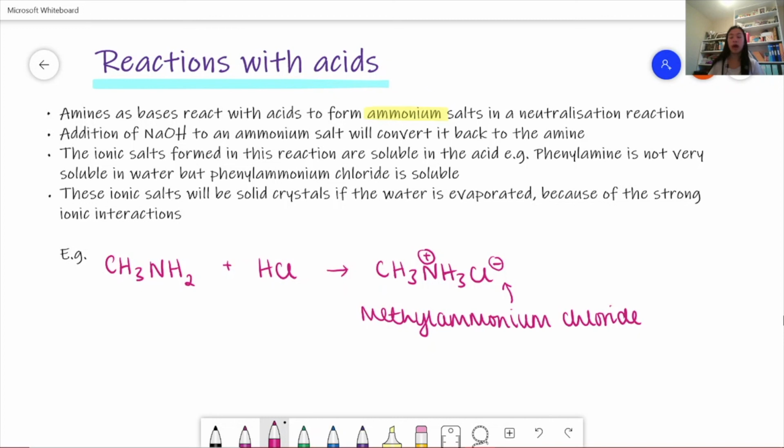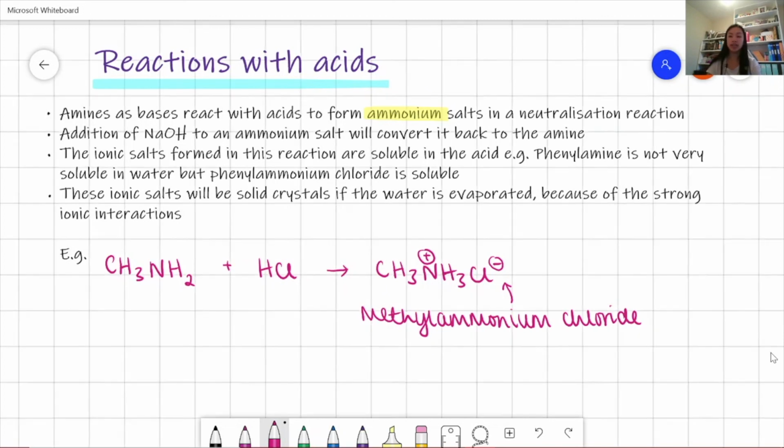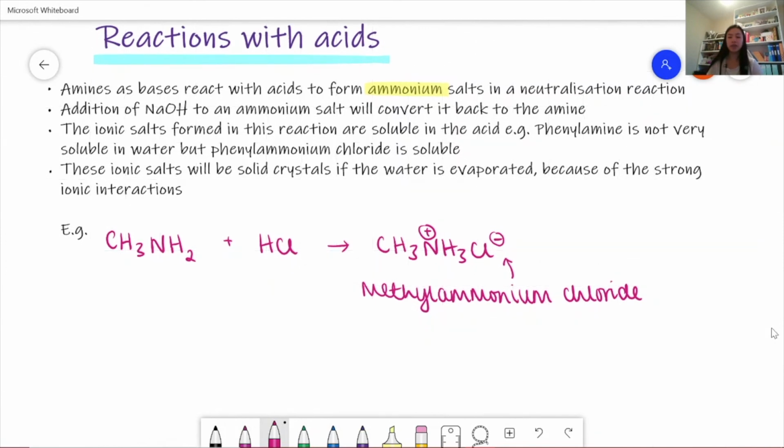However, for acids which are diprotic, so they give off 2 H pluses for every acid, we could have, for example, again, this methylamine, but reacting with H2SO4 this time.